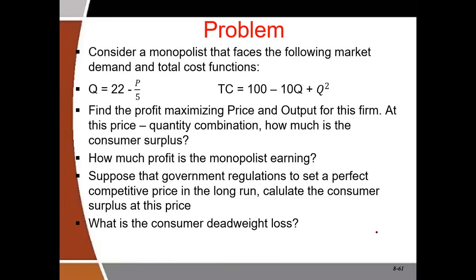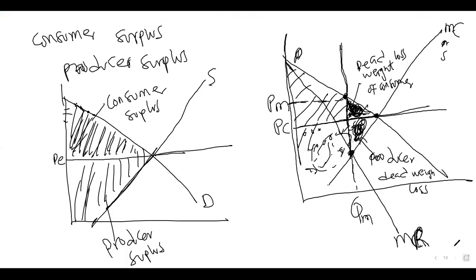Now, we all know that total revenue is price times quantity, because we have to find marginal revenue and equate it to marginal cost before we can get the price and equilibrium quantity. So at equilibrium for a monopolist, marginal revenue is equal to marginal cost.